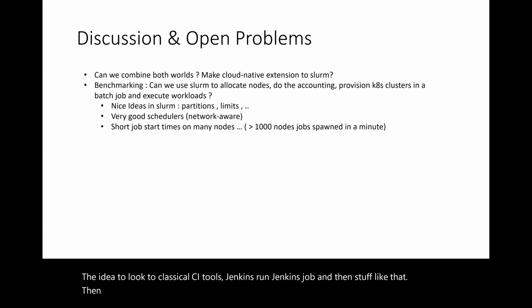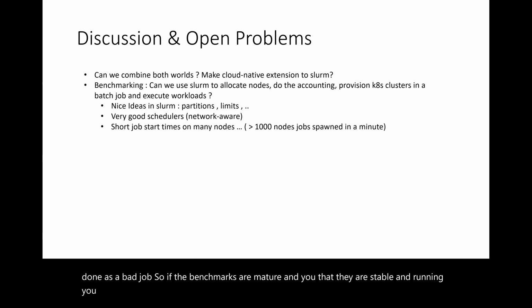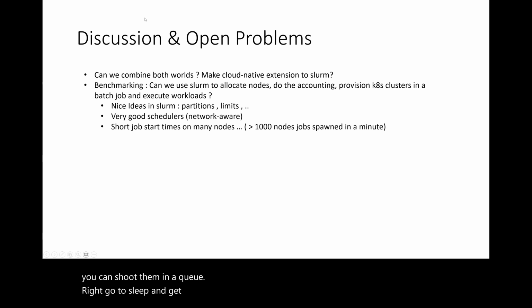For me, I don't know if this is a good model, because benchmarking usually can be done as a batch job. If the benchmarks are mature and you know they are stable, you can shoot them into a queue, go to sleep, and come back and get the results. It's very well suited for batch job processing.